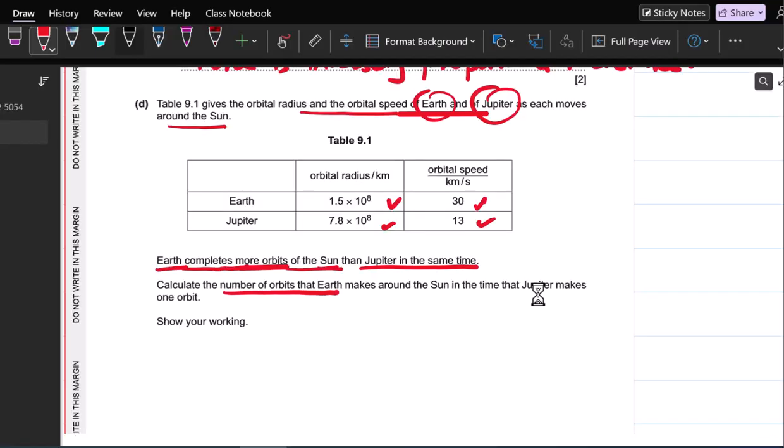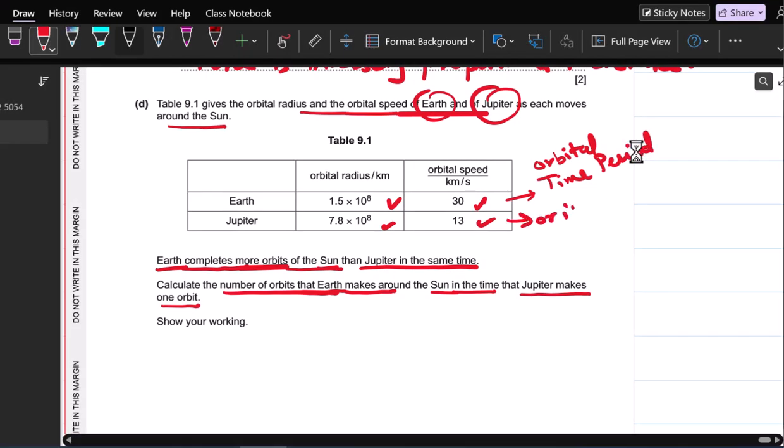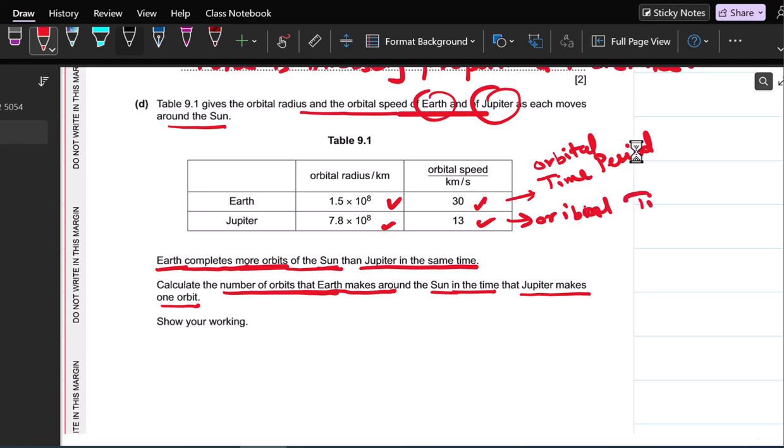So we have to calculate the number of orbits Earth makes around the Sun in the time that Jupiter makes one orbit. First of all, we have to find the orbital time period of each, and then we have to take the ratio.